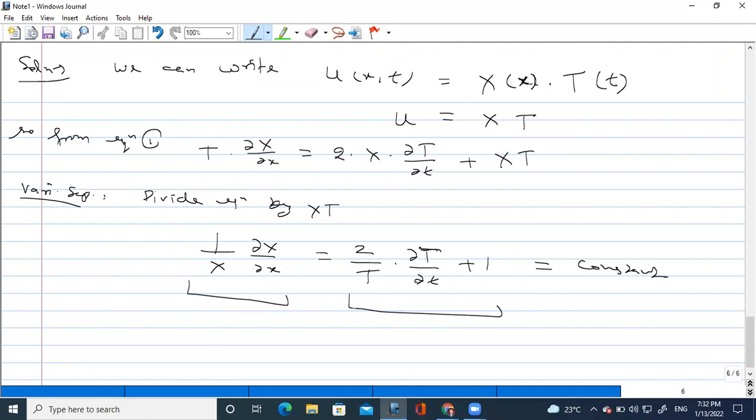Okay. So here you can write, this is only a function of x, because function X does not have any relation with function T. They are separate, and because both things are equal, they will definitely be equal to some constant. This is only a function of x. This is only a function of t and independent also. And this is also independent.